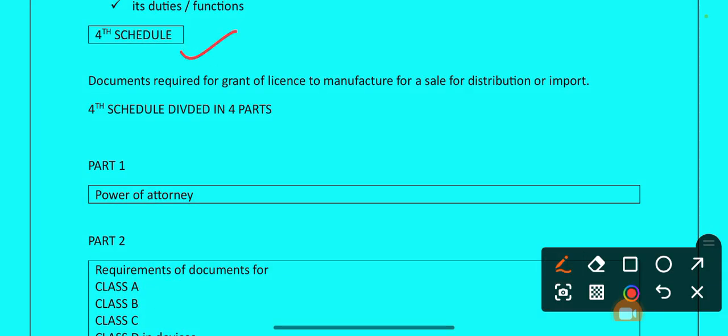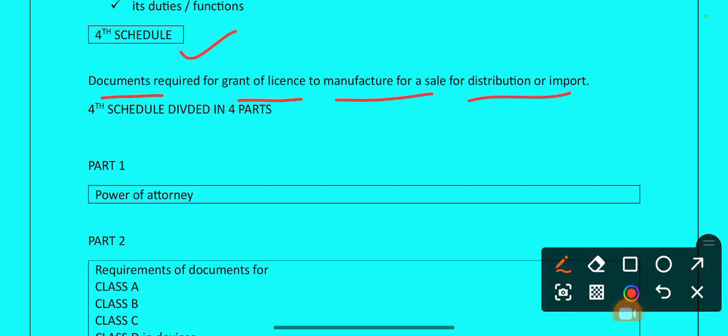Next, the fourth schedule. The fourth schedule is a list of documents. What is the purpose of the fourth schedule? It lists the documents required to obtain a license for manufacturing, selling or importing medical devices, that is, documents required to grant a license to manufacture for sale, distribution and import.